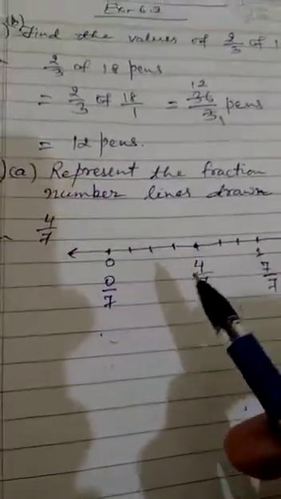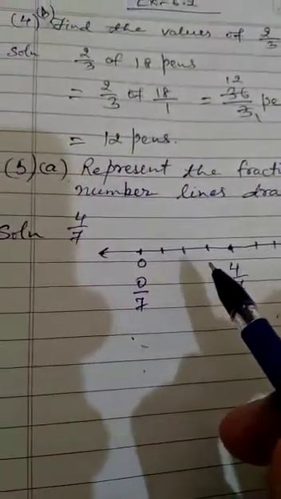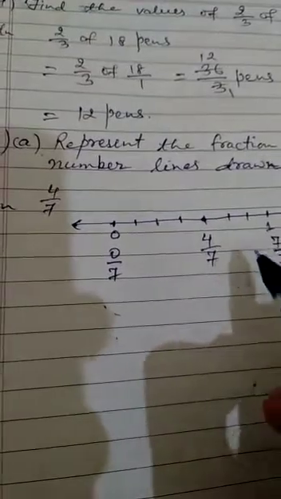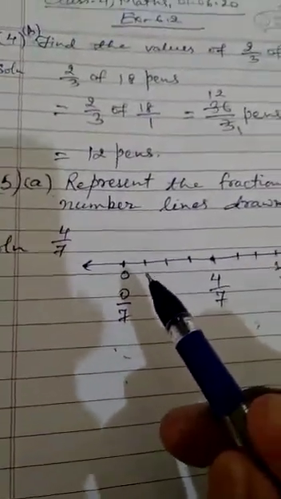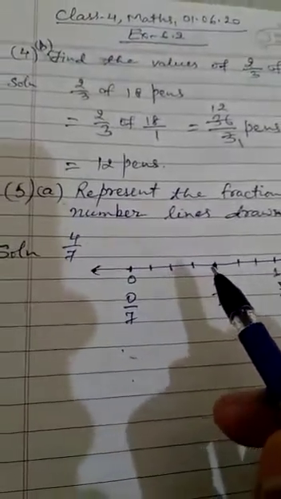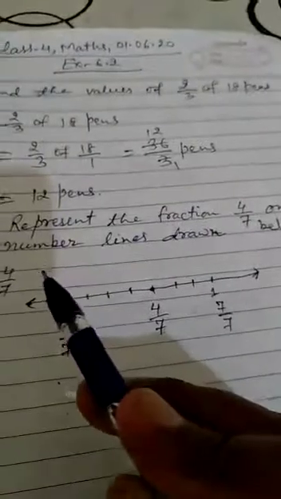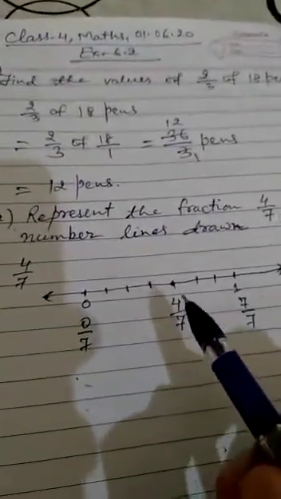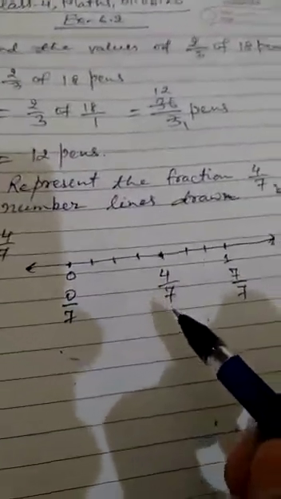So after 0, 1 comes, then 2 comes, then 3 comes, then 4 comes, then 5 comes, then 6 comes, then 7 comes. So we will count the numbers after 0: 1, 2, 3, 4. And we have to put the fraction 4/7 on the number line. So when you count the fourth place, there we will write 4/7.